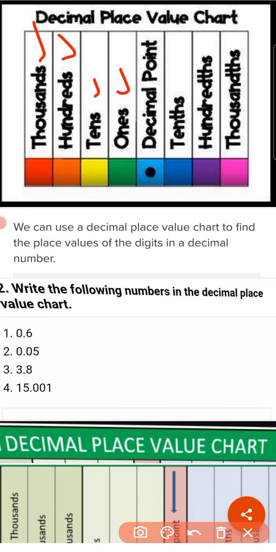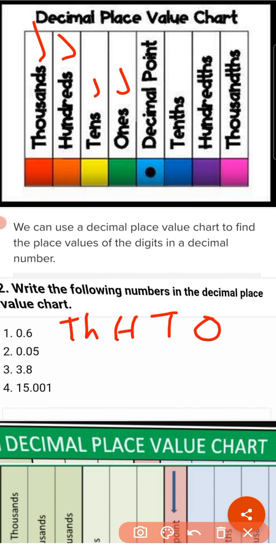The smallest place is ones, then further to the left tens, then hundreds, thousands, etc. For a 4-digit number, these are the places of a whole number.